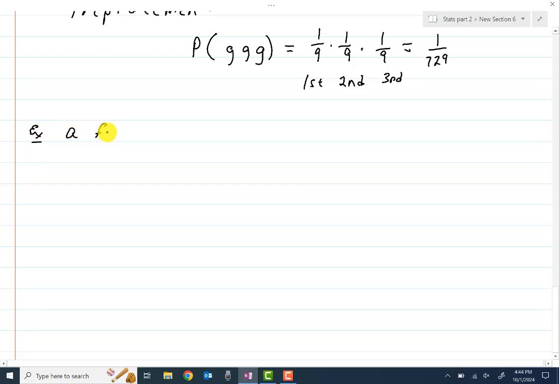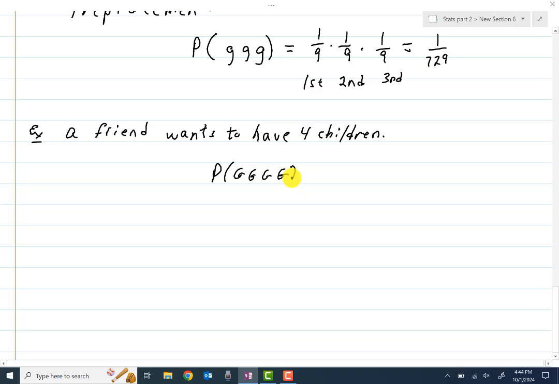Let's say a friend wants to have 4 children. What is the probability that these 4 children will be all girls? Well, we take a look at each one of them.